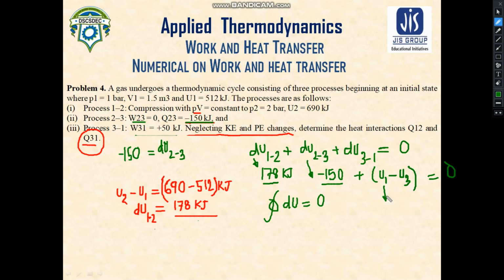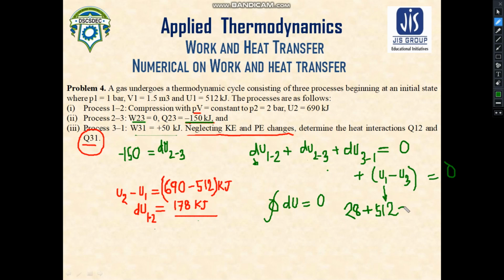You know the value of U1, it was 512. So let us just remove these things so it will be quite clear to you. So it is 28, right? So I am removing this and just putting the value of 28 here.